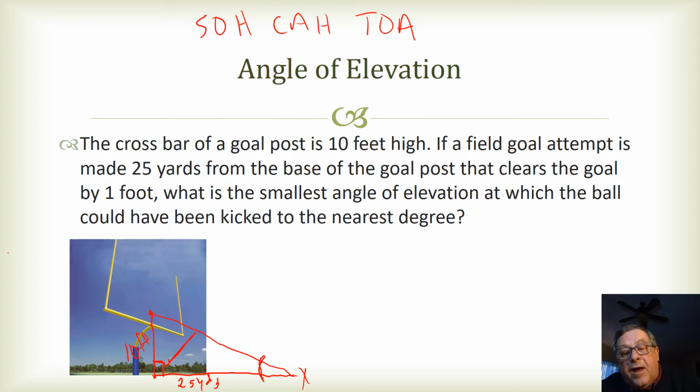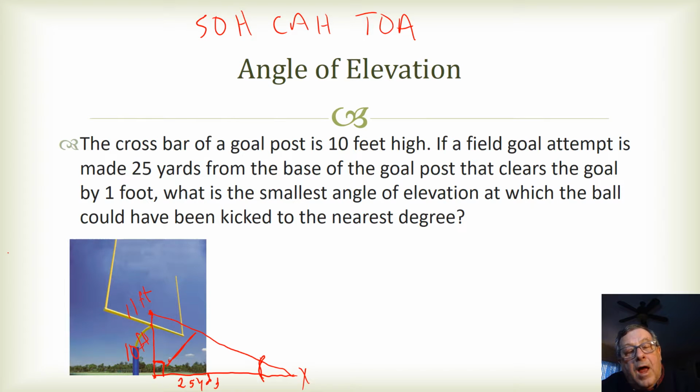So if I'm trying to find this angle here, x, I know that one line we've drawn is 11 feet, because it's clearing the goalpost by 1 foot. And I've got a line running along the ground that's 25 yards. Well, I've got opposite over adjacent from this angle.